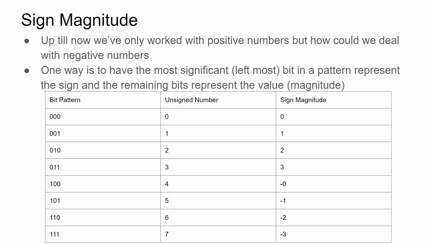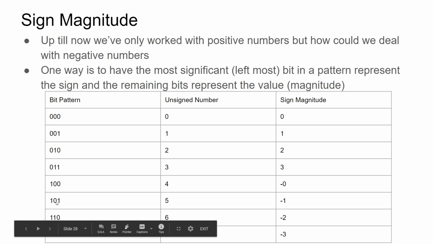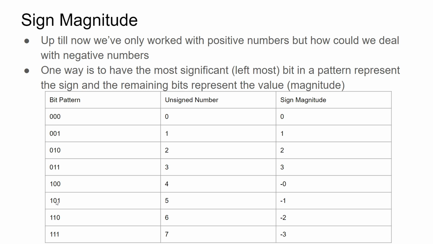Again, if I asked you, what does the bit pattern 0, 1, 0 mean? What should your answer be? 2. Or I should say, what should this bit pattern, 1, 0, 1, be? 5. Negative 1. Something else?